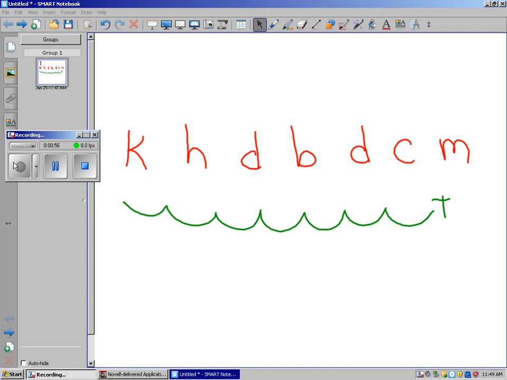If you are moving to the left on the metric line, you will be subtracting zeros or moving the decimal to the right that many places. So let's start with an easy one.